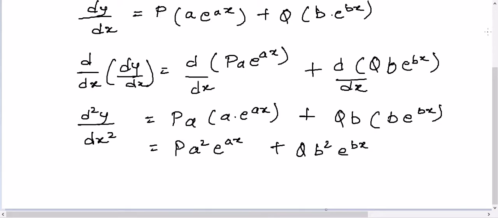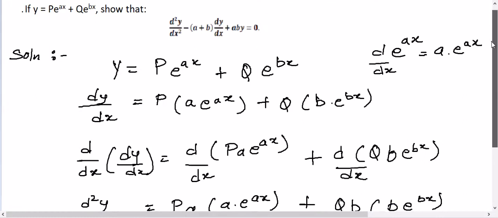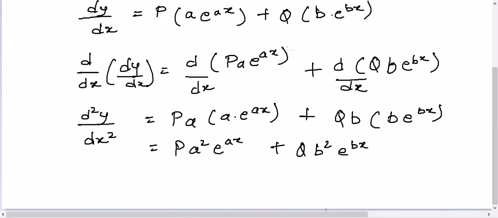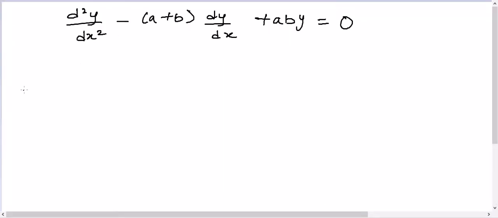So now it's time that we prove our given equation. Guys, this was our equation, right? Now we'll substitute the value of d2y by dx square into the given equation. What was the value?